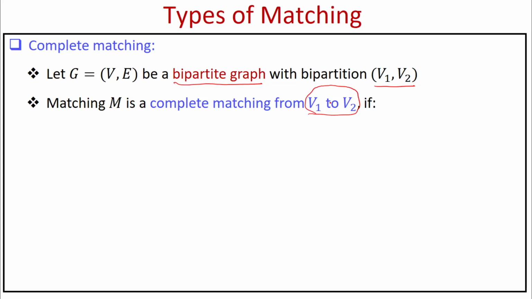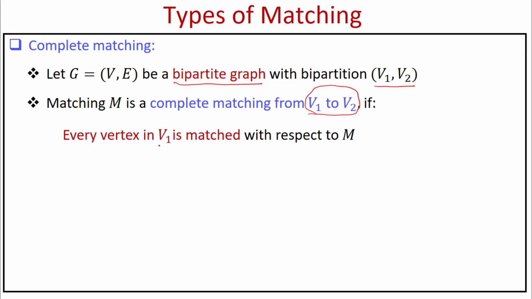Here I am giving the definition of a complete matching from V1 to V2. The matching M that I have picked is called a complete matching from V1 to V2 if every vertex in V1 is matched with respect to my matching M. Or equivalently, the cardinality of the vertex set V1 should be exactly the same as the cardinality of your matching.